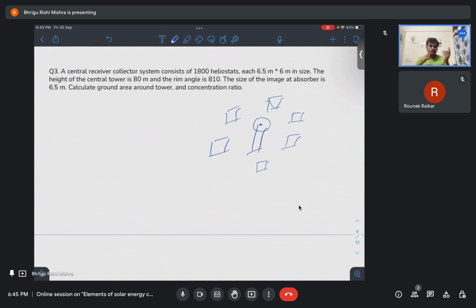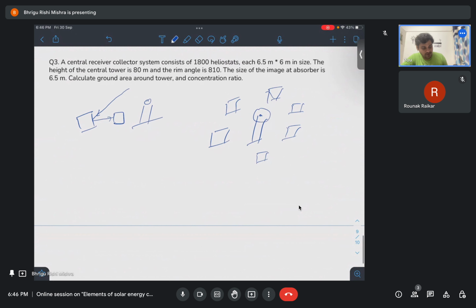Because if I have two heliostats, first it shouldn't block the radiation hitting the surface, and also it shouldn't block the radiation reflected by this heliostat towards the receiver. So for your knowledge, you can check some papers on how to place these heliostats in the field.